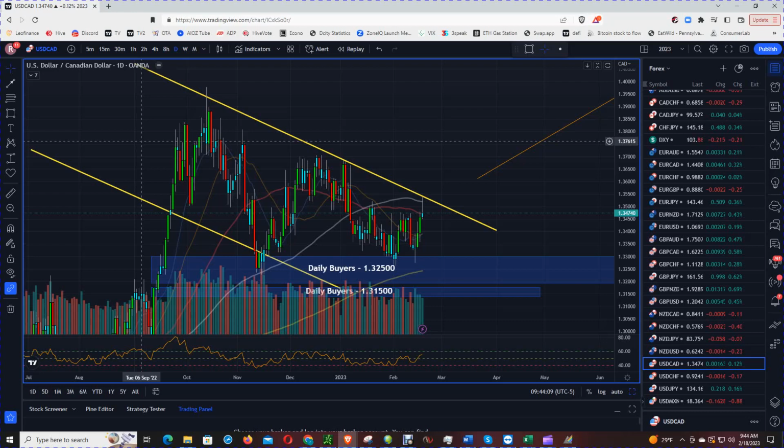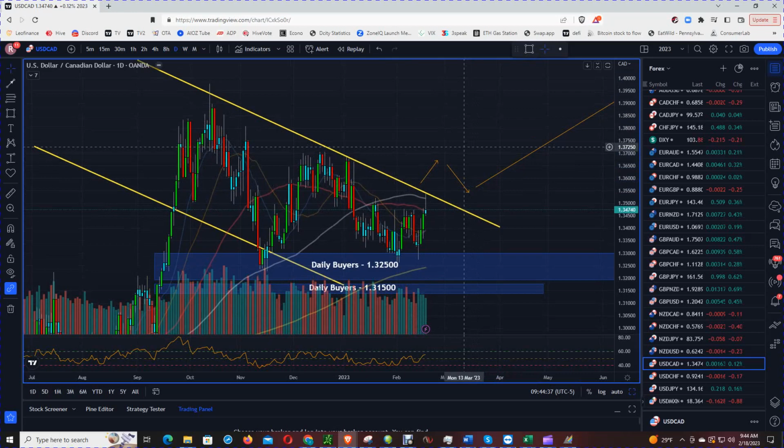But for the time being, the charts are potentially saying you have a breakout, a retest, and then potentially you resume the upward move. Potentially.